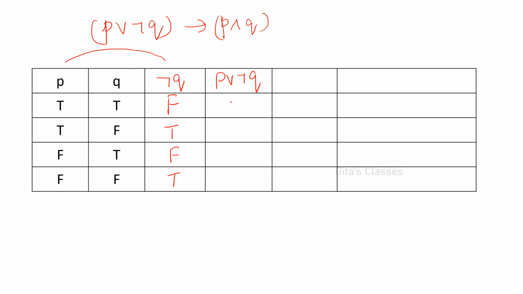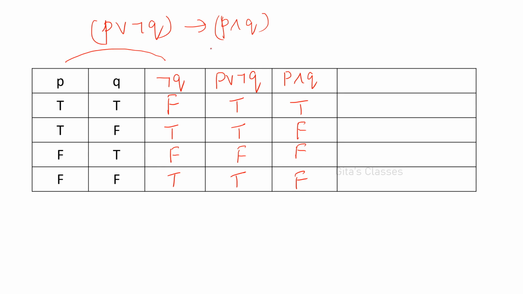Wherever one is T, it will become T. So T, T, F, T. Now what is P and Q? Only when both are true it will become true. All the others are false.